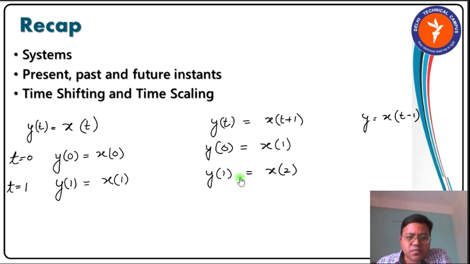This means that the output of the system is depending upon the future inputs. So this equation is saying that we have a system where the output is depending upon the future inputs. This equation is saying that we have a system where output is depending upon the present inputs.